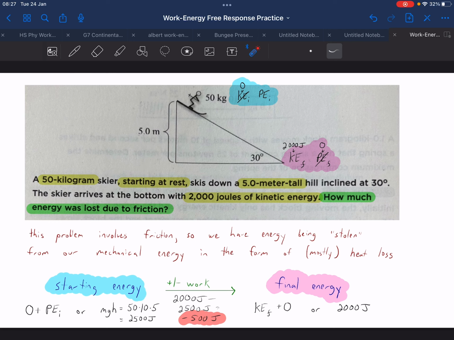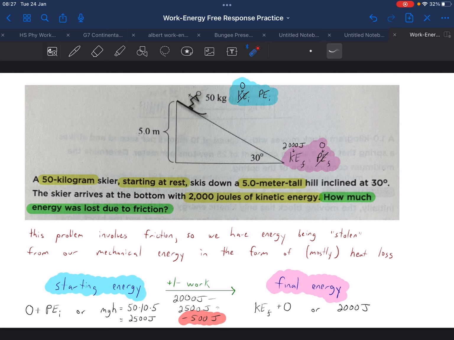The first thing we need to recognize is that in this problem, we know we're going to have some conversion of kinetic and potential energy because we have something going down a hill. Okay, but it's important to recognize that we have friction being lost in this situation. So this problem involves friction.